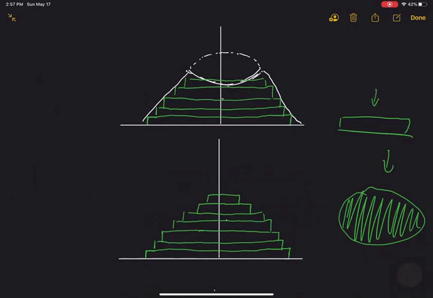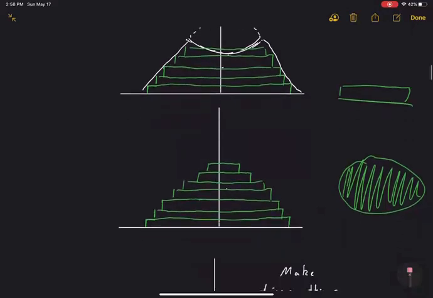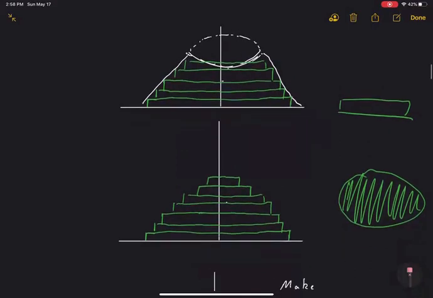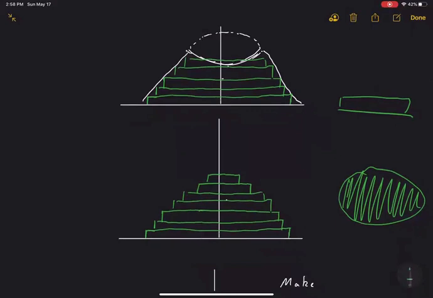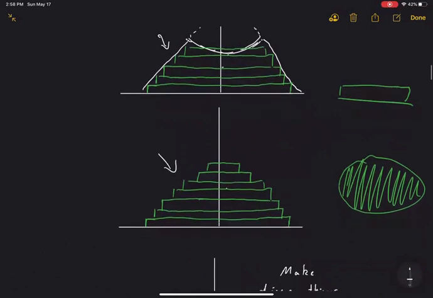And if I looked at it from the top, it would look like this. So this is the idea behind the disk and washer method. I chop my object up into these slabs to get an approximation. So if I added up all these volumes, I'll get an approximation to the volume of my object, right? So that's the idea.